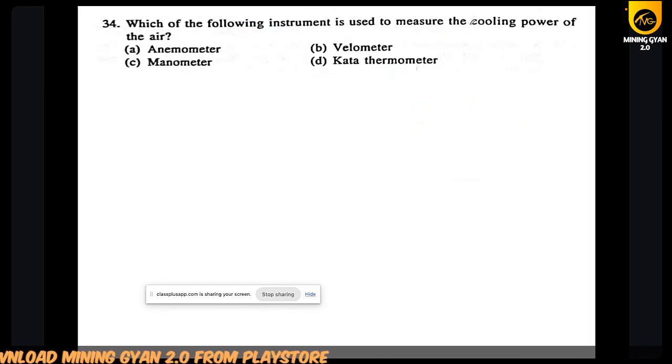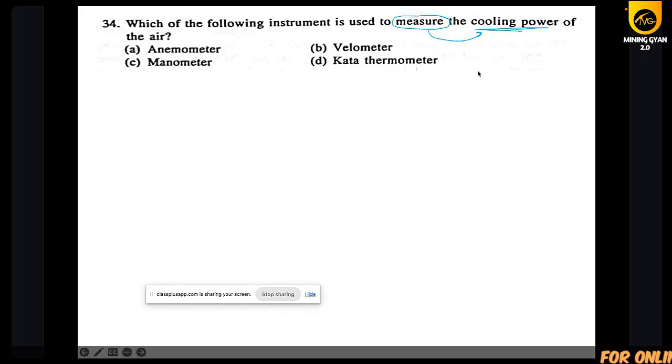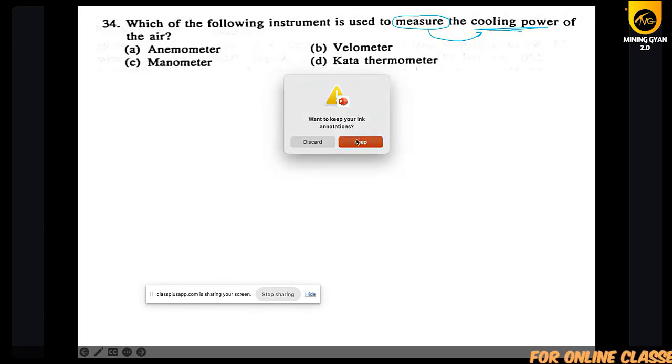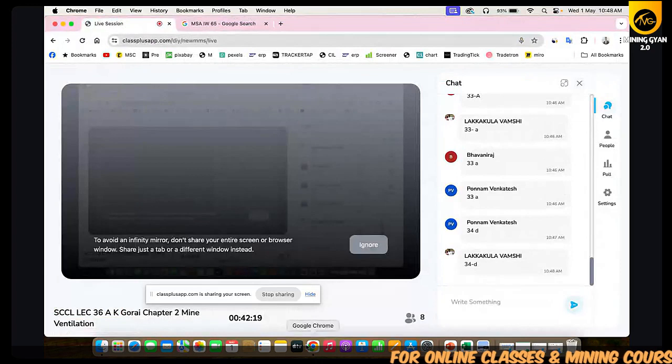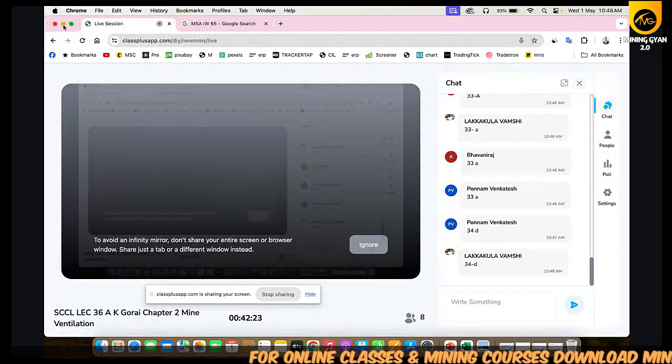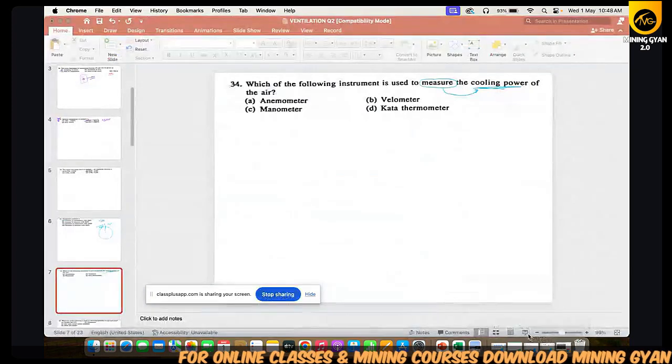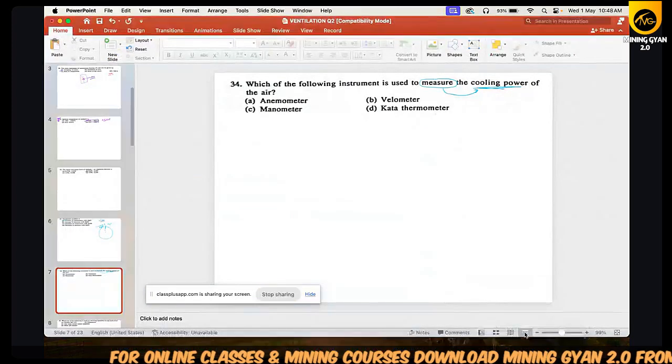Which of the following instruments is used to measure the cooling power of the air? You have 30 seconds. Suppose this question is not covered in your AK Gorai.